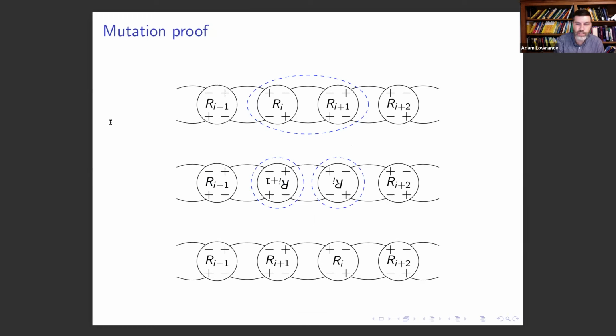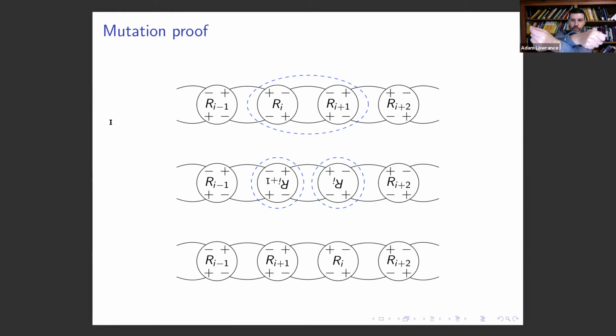the standard Turaev genus 1 diagram, which is some number of alternating two tangles connected together in a non-alternating way. And then I'm going to give you a series of mutations that shrinks the number of alternating tangles by 2. So the first blue dotted circle, you take that blue dotted circle and you flip it this way.